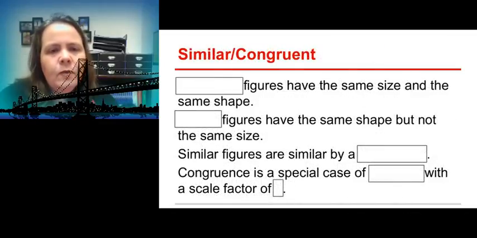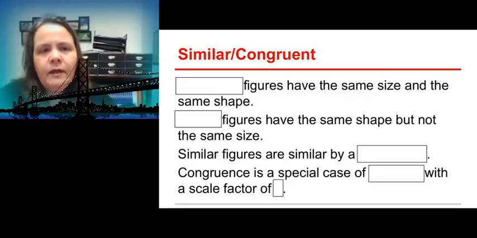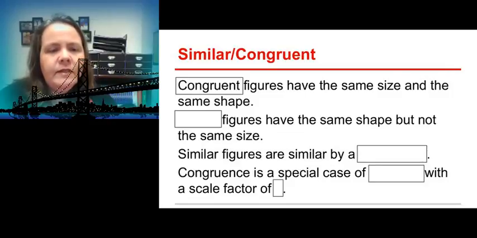And let's look at one more thing about these transformations. Let's look at whether they are similar or congruent. First we need to talk about similar and congruent. So similar figures have the same shape, and congruent figures have the same size and the same shape. Again, congruent figures are the ones that have the same size and the same shape. If you think about the transformations that we just talked about, which ones kept the same size and the same shape?